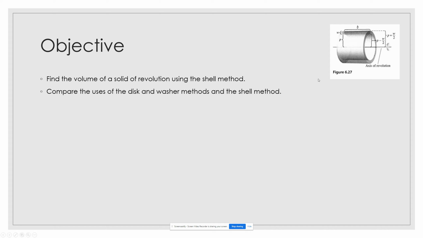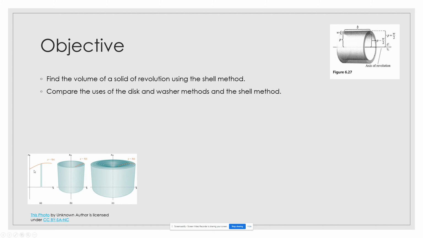The next image that I have on here is how shells help us find volume. If you look at this equation y equals f of x, the orange line, if we want to rotate this around the y-axis, we can take these rectangles and rotate them around, creating this cylindrical shell.